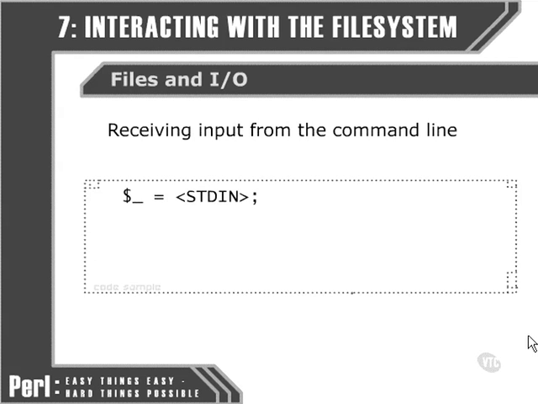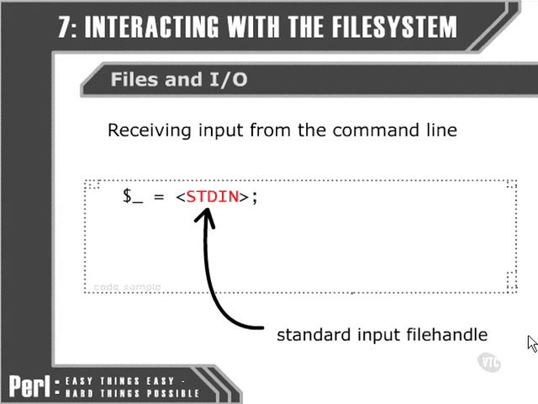To pull in input from the command line, we don't have to open a new file handle. Instead, we can make use of a file handle that is automatically open and waiting for us, and that's called STDIN, standard input.